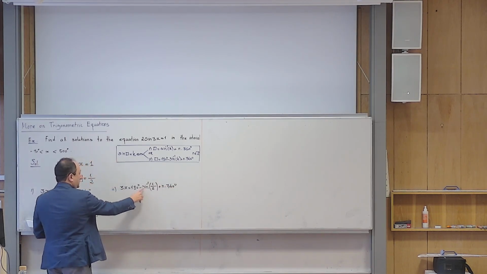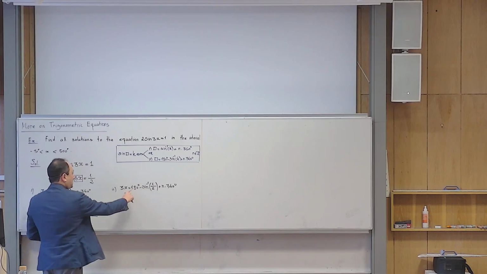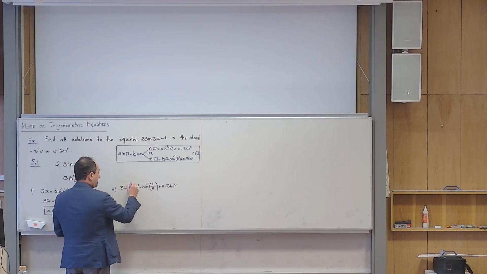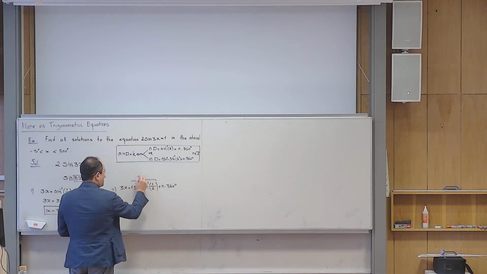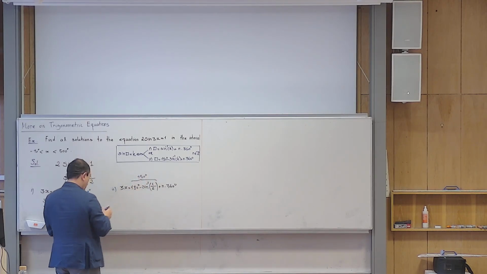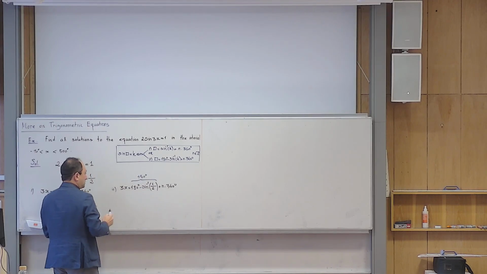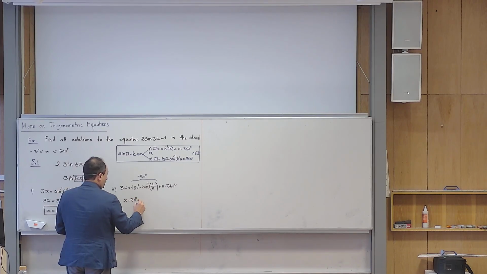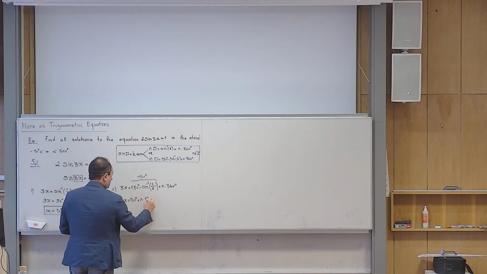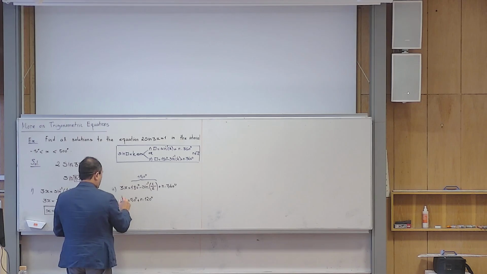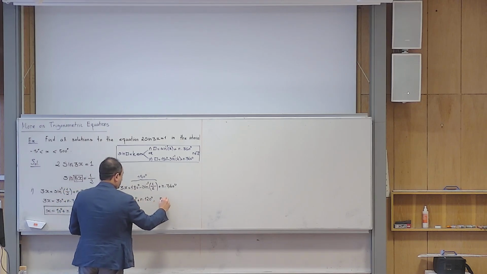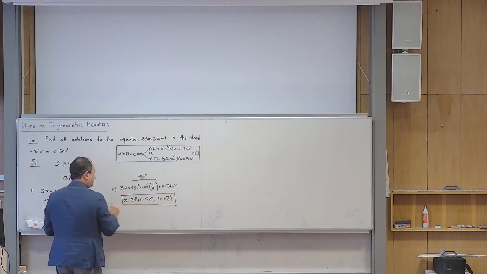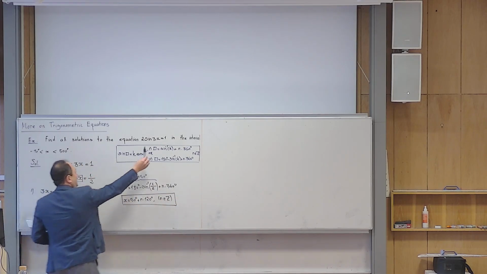But we just learned that this is 30 degrees, so if I subtract them, it becomes 180 minus 30, which is 150 degrees, and then I divide everything by 3, so what happens? X becomes 50 degrees plus n times 120 degrees, and also n belongs to Z. Okay. So this is up to here.